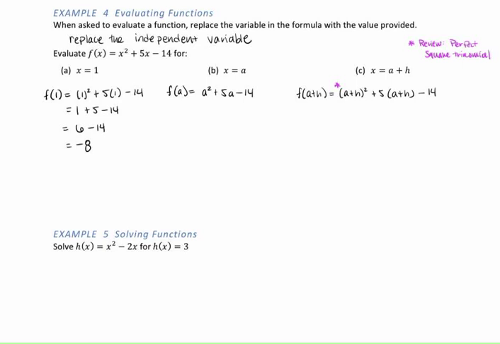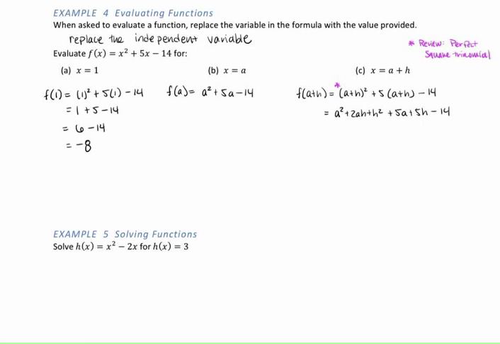Recognizing perfect square trinomials is a great way to quickly factor or expand out when you see a product written like this. So this becomes a squared plus 2ah plus h squared plus 5a plus 5h minus 14.